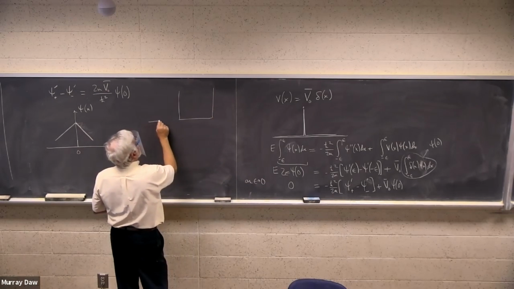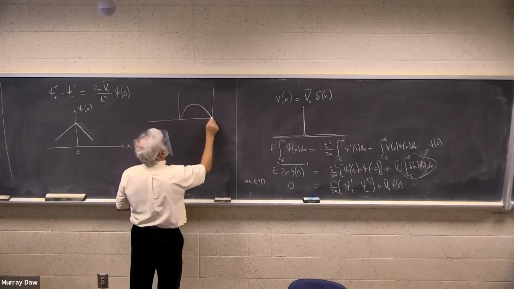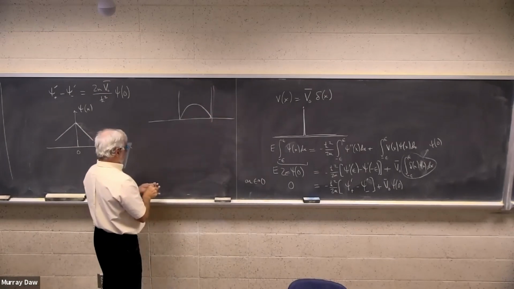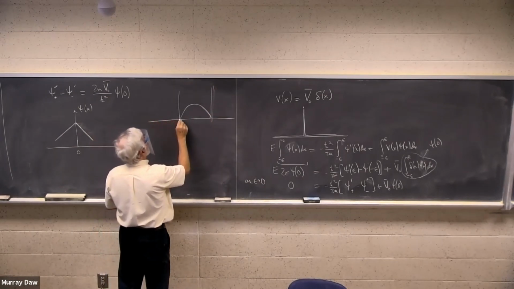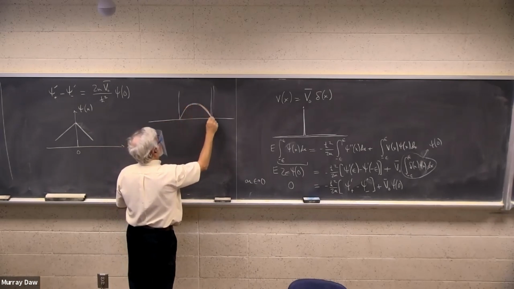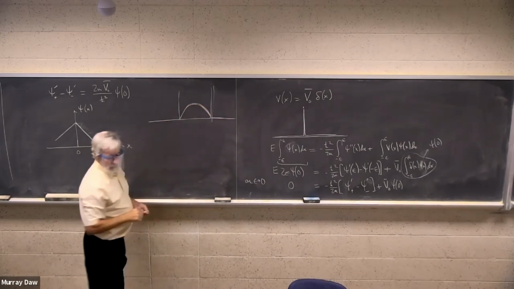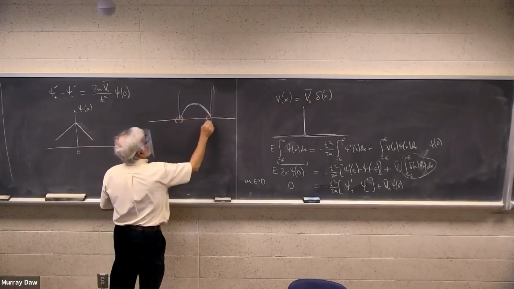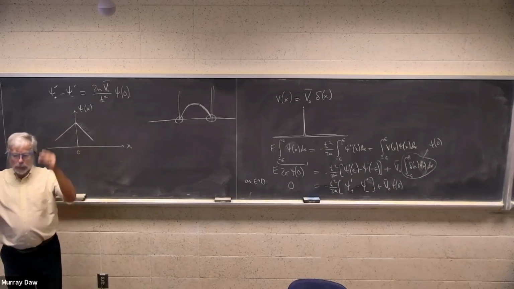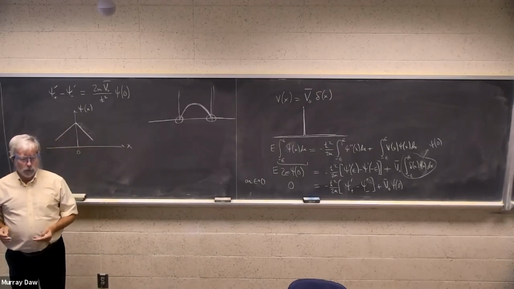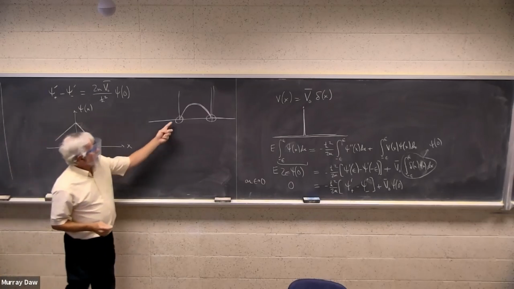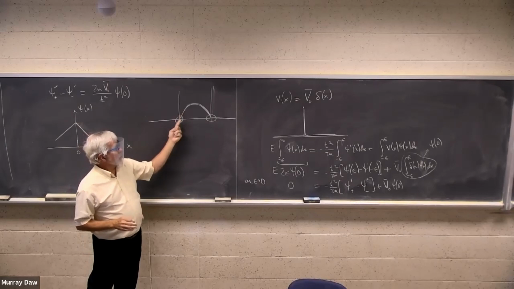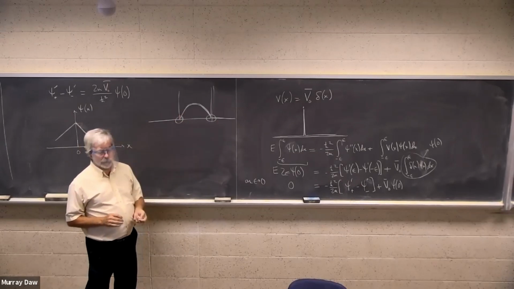Remember the wave function, for example, in the ground state, looks like this. It's 0 outside the box, and then it goes like the sine. The discontinuous slope is right here and over here. The potential becomes infinite, an infinitely stiff wall. The wave function is continuous, but the slope is discontinuous.